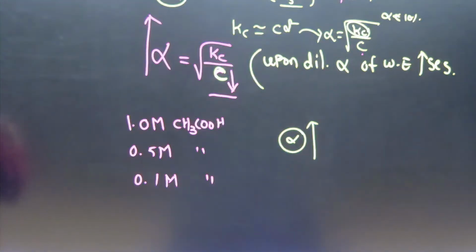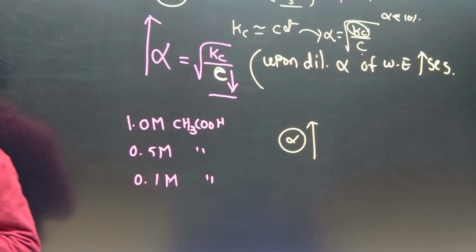For understanding purposes, look at this question. I have 0.5 molar acetic acid and 0.1 molar acetic acid. Tell me, in which case will alpha, the degree of dissociation, be maximum?